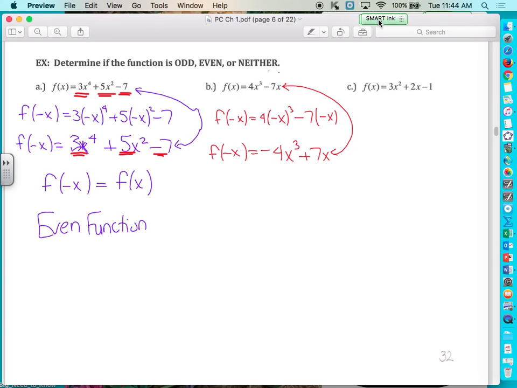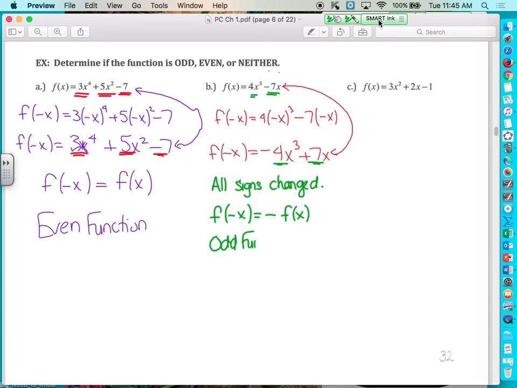Positive 4x cubed is now negative 4x cubed. Negative 7x is now positive 7x. So all of the signs changed, which is just an easier way to say this: when you plugged in negative for your x, you got the opposite of the original function. That makes this an odd function.